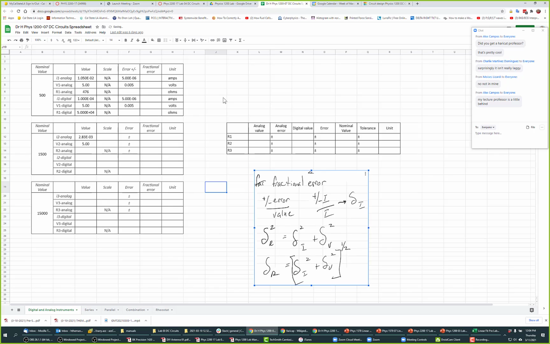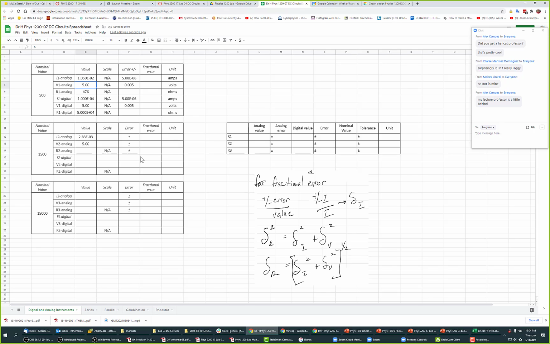So this is about the analysis here. We measure, for example, in this case, I measured 10.5 milliamps. So when I type that in, 10.5 E minus 3.